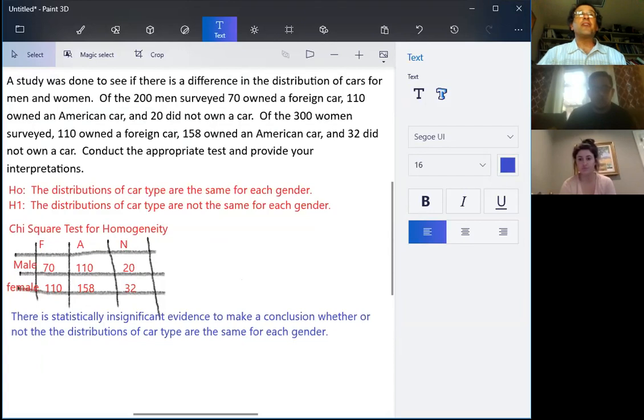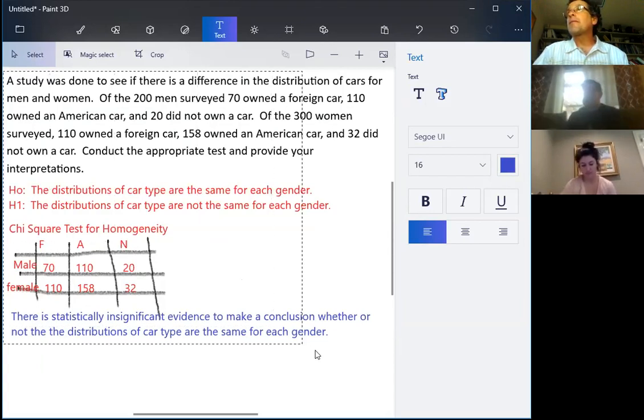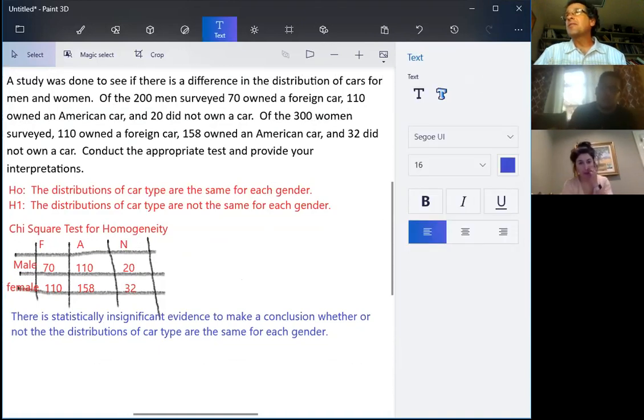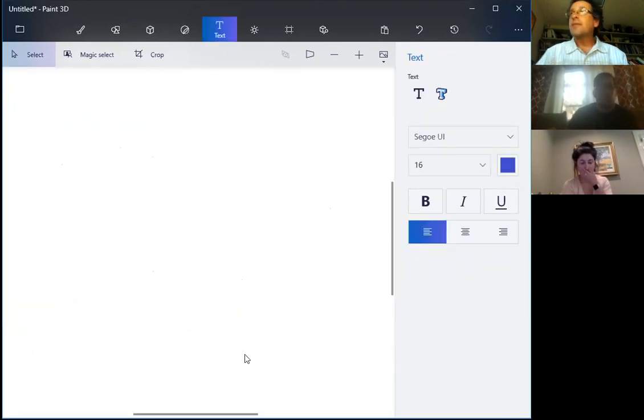Okay, let me give you the third type. There's actually 3 types of tests. Time. There we go. Okay, and this one, I'm not sure.